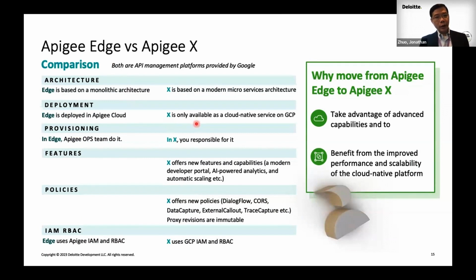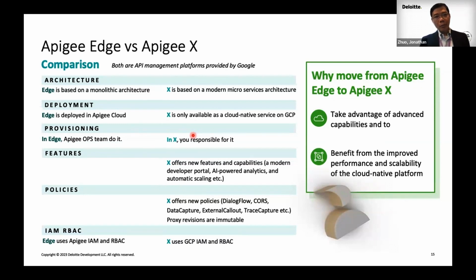In terms of provisioning, in Edge the Apigee Ops team does it for you, but in X, you are responsible for configuring it. In terms of features, X offers new features and capabilities, and also new policies. In terms of IAM and RBAC, Edge uses Apigee IAM and RBAC, and X uses GCP IAM and RBAC.